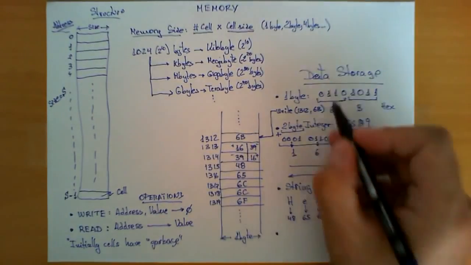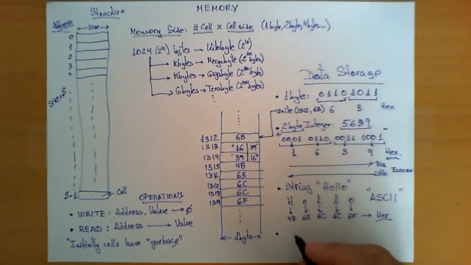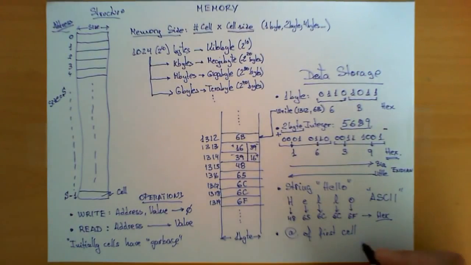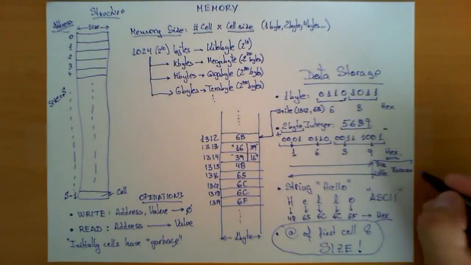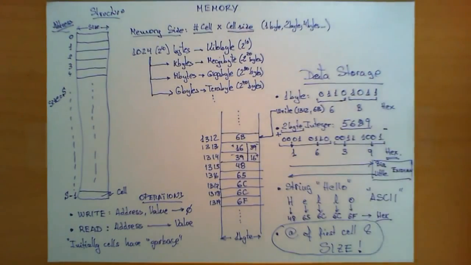So remember, when you have to store any data in memory, what you have to remember is the address of the first cell, and very important, the size of what you are storing. And if you are storing an integer, you also have to remember which one of the two schemes, little endian or big endian, has been used.